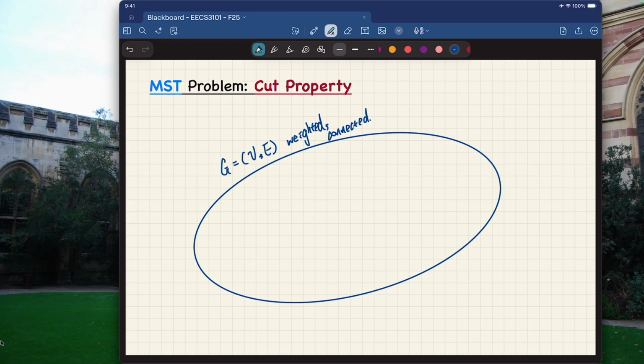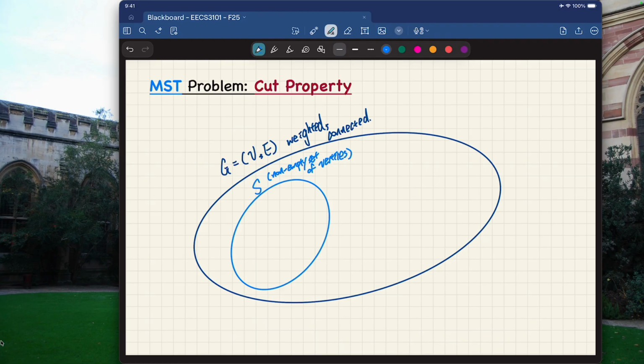Okay, and then we're talking about any cut. You can create a cut as long as you can find a non-empty set of vertices. It's called an S. So I'm going to find some non-empty set, let's call this S. You can think about this more like a non-empty set of vertices.